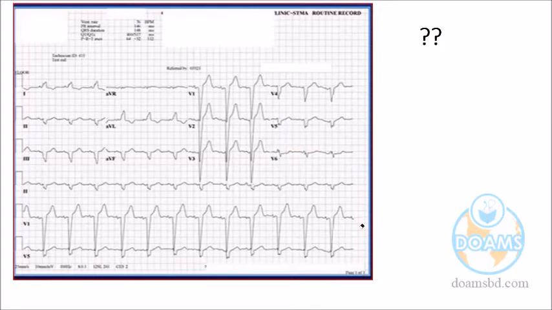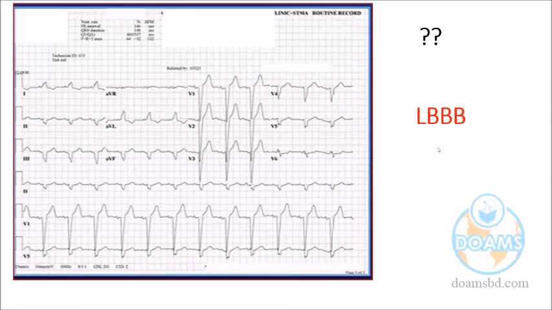You mean left bundle branch block. Any different opinion? Anyone want to say? No one. So you are of the same opinion, because the left-sided leads have wide QRS and fractionation. Again, it is supported by limb lead 1, which also represents the left side of the heart.